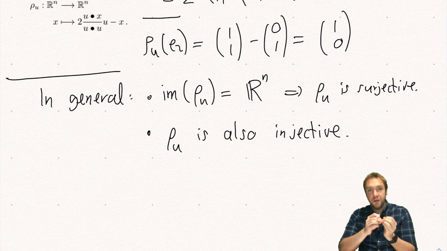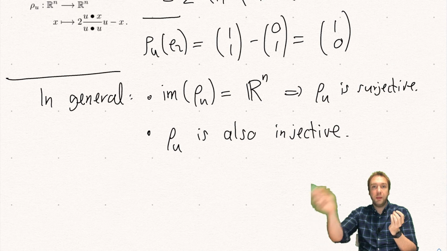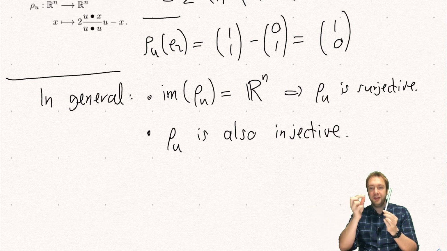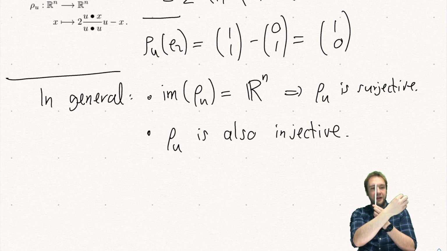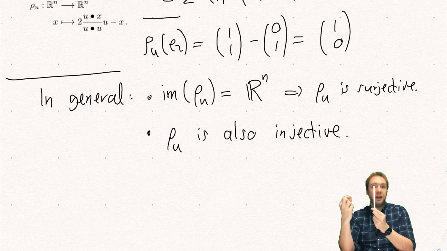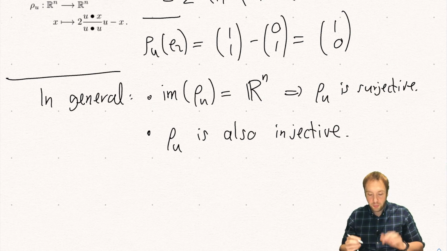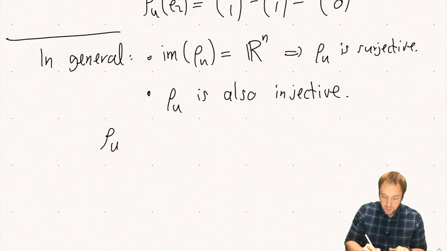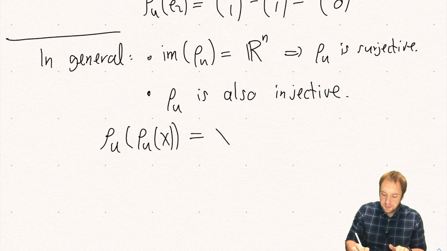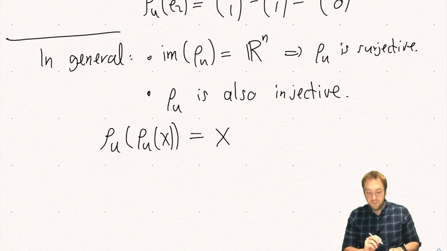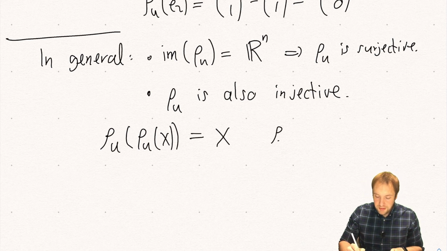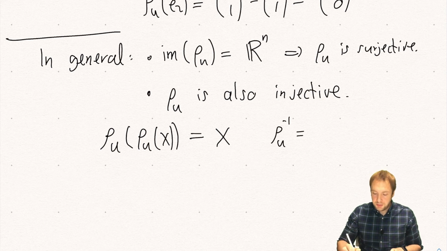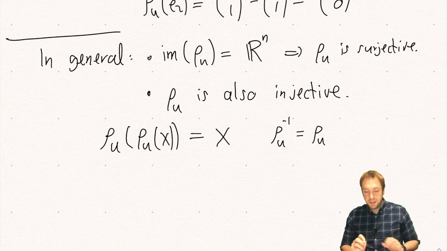And what is the inverse of a reflection? Well, it's just the same reflection, because if I send something from one side of a line to the other side, then if I apply the same reflection again, this point gets sent back to the original point. And this is one part of the homework. You will show that if you apply the reflection twice to something, then you will get back your original vector. So in other words, the inverse of the reflection is just the same reflection.